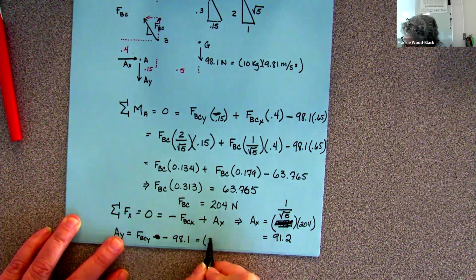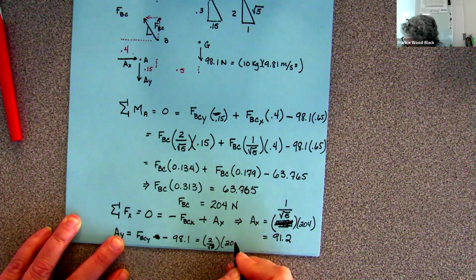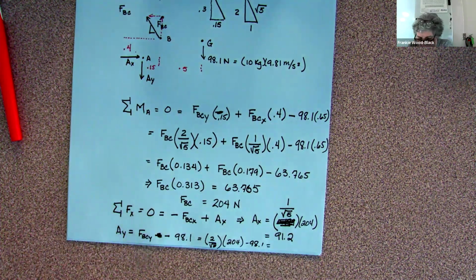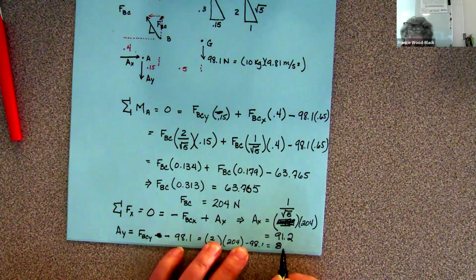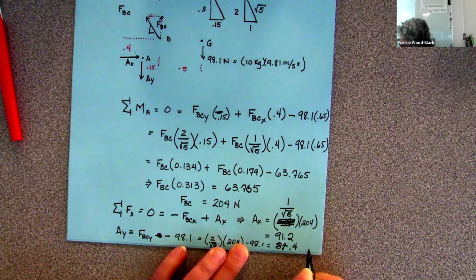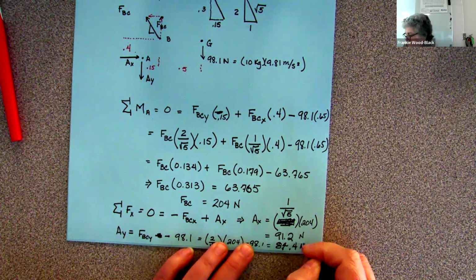And that one is 2 over the square root of 5 times 204 minus 98.1. I get 84.4 newtons.